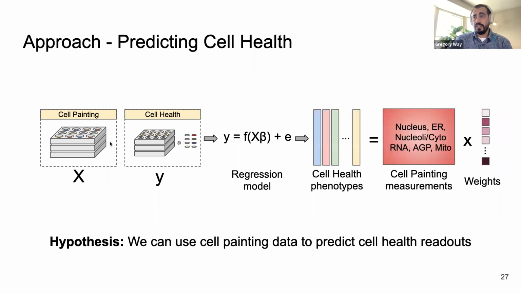Essentially the goal is to use this X matrix to predict the cell health phenotypes by fitting regression models. There are 70 different cell health phenotypes, each reporting on different measures of cell cycle, DNA damage, or reactive oxygen species. Our hypothesis here is that these unbiased reagents capture enough signal to be able to predict the very specific cell health reagent readouts.